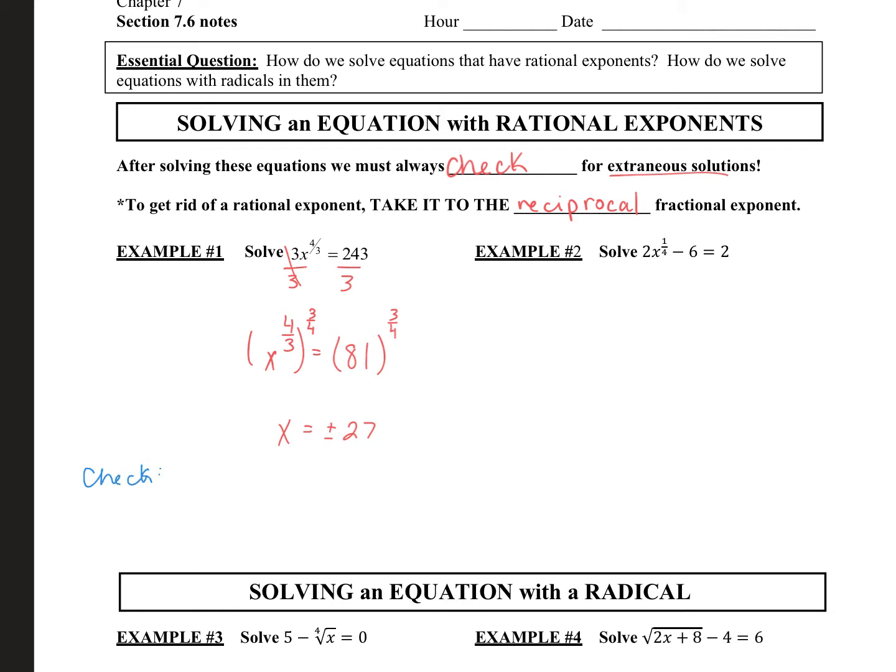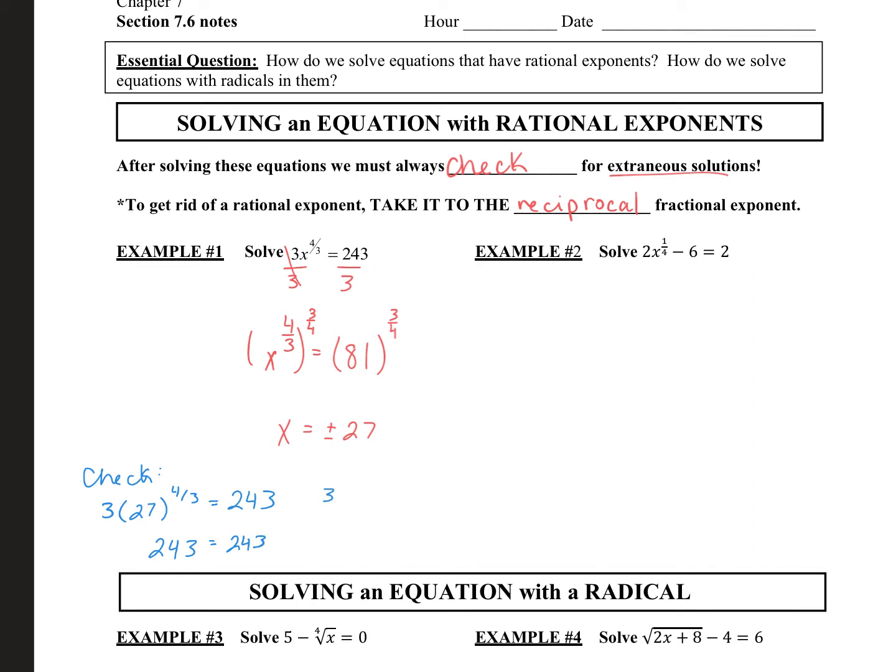We have 3 times 27 to the 4/3 power. If we type that into our calculator, 3 times 27 raised to the 4/3 power, we see that this indeed equals 243, so when x is 27, our equation is true. Let's check when x is -27.